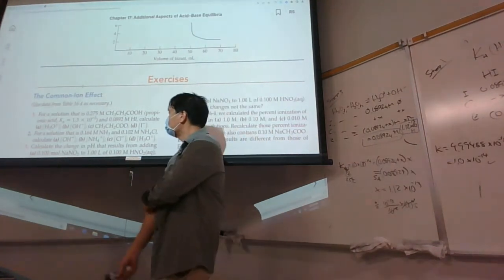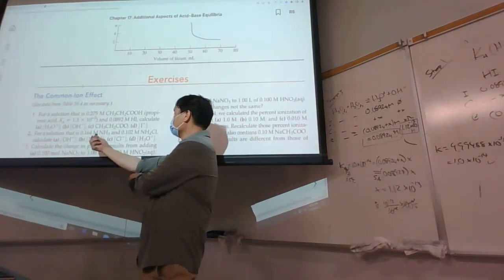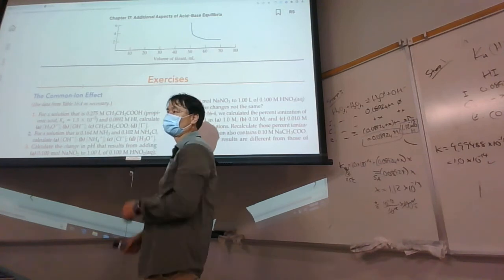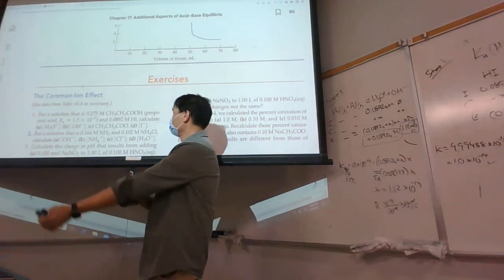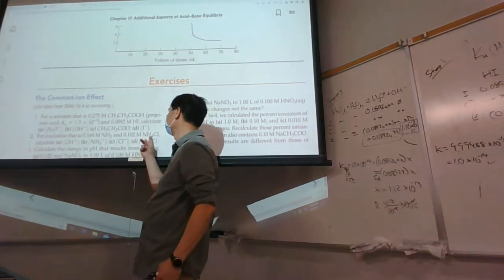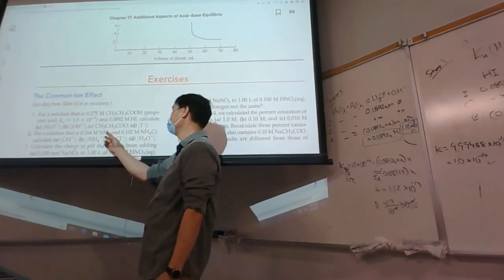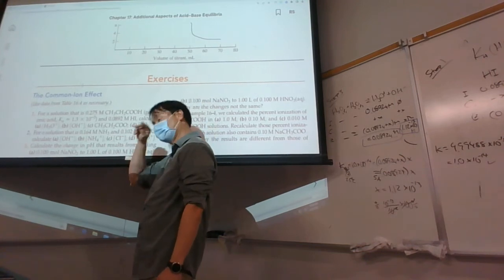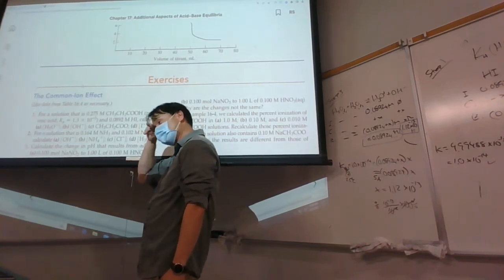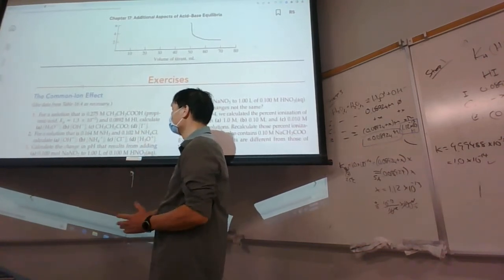Okay, number 2 is a weak base and weak acid. This is a weak acid, weak base mixture. A weak acid, weak base mixture we call a buffer.